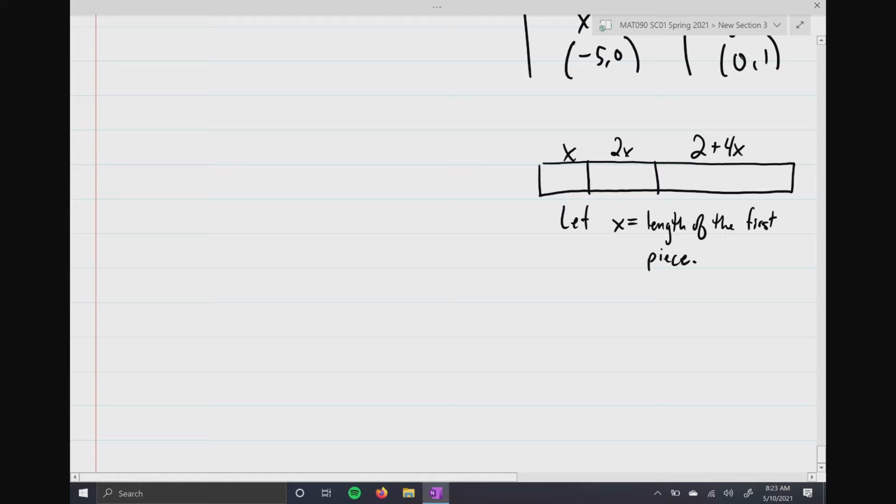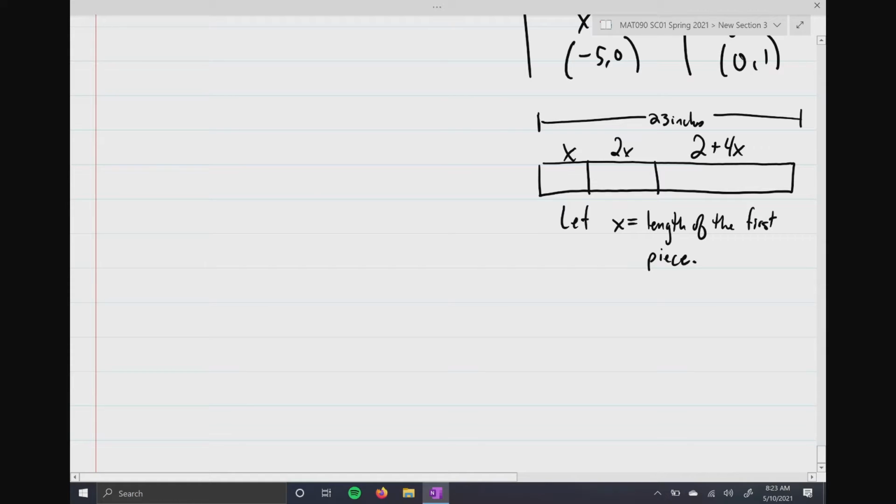All right. Now, here's what else I know. I know the total length is 23 inches. So from the start to the end is 23 inches.